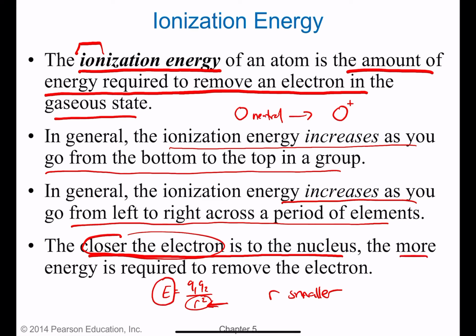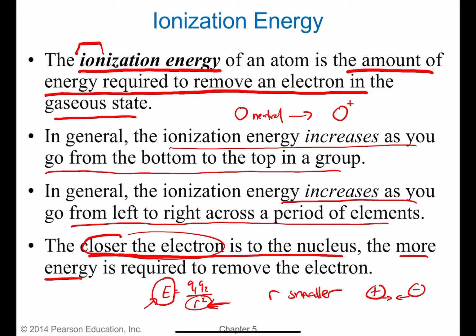And that's why more energy is going to be required to remove an electron. When the positively charged nucleus and the negatively charged electron are closer together, the energy required is going to be larger because they have a stronger pull on each other. And that stronger Coulombic attraction is what we have to overcome if we want to pull an electron out of the atom.